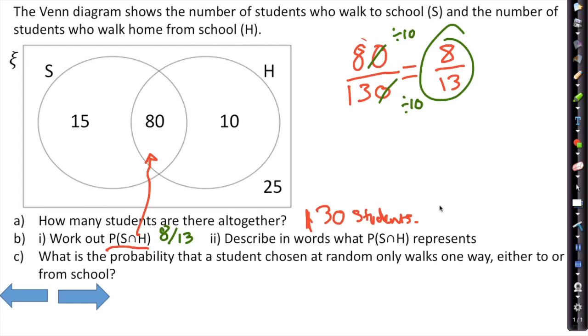Describe in words what P, the probability of S intersection H, represents.